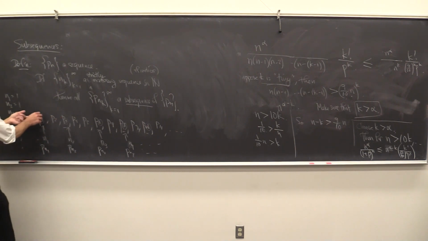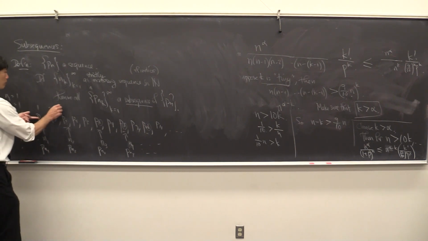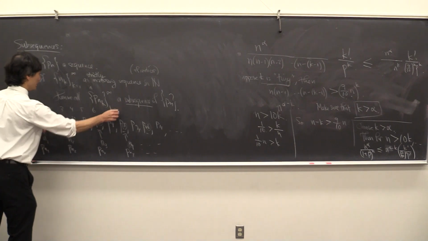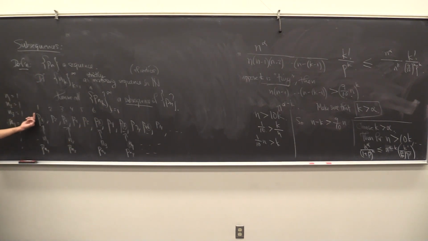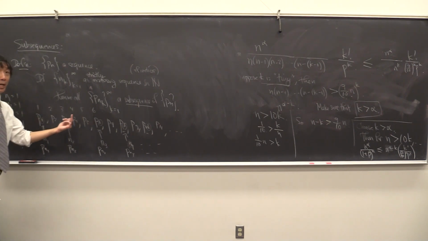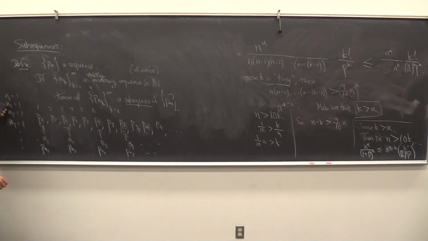Like if this is 1, 2, 3, 4, 5, 6, blah, blah, blah, then 1, 1, 1, 1 isn't a subsequence. You have to move along the line as the time increases.